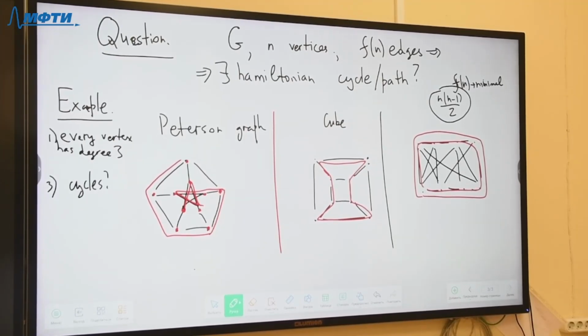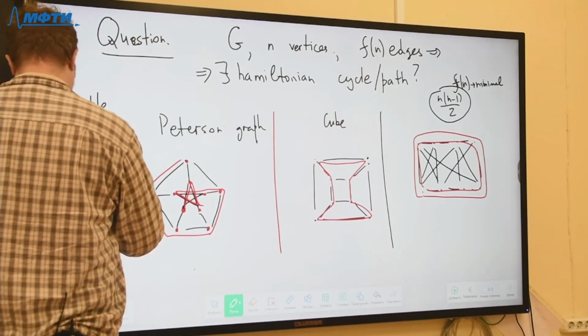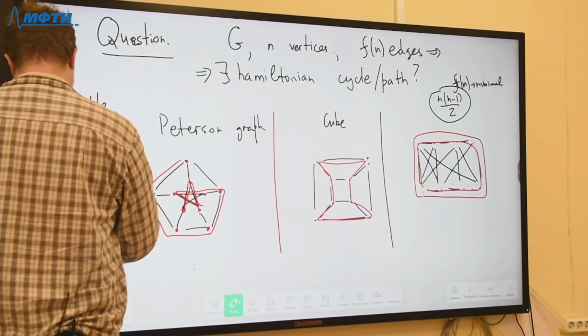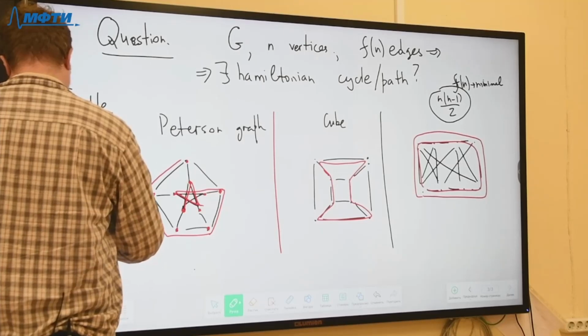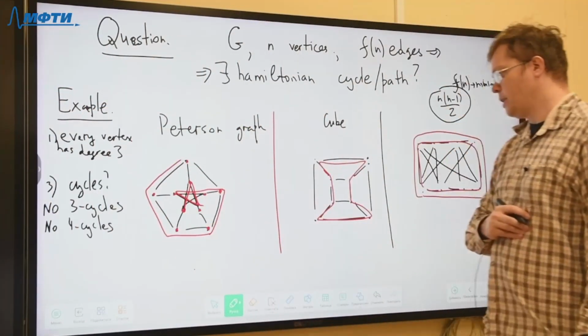What is the minimal number of nodes in a cycle in our graph? 5. Yes, so we have no 3-cycles and no 4-cycles here.